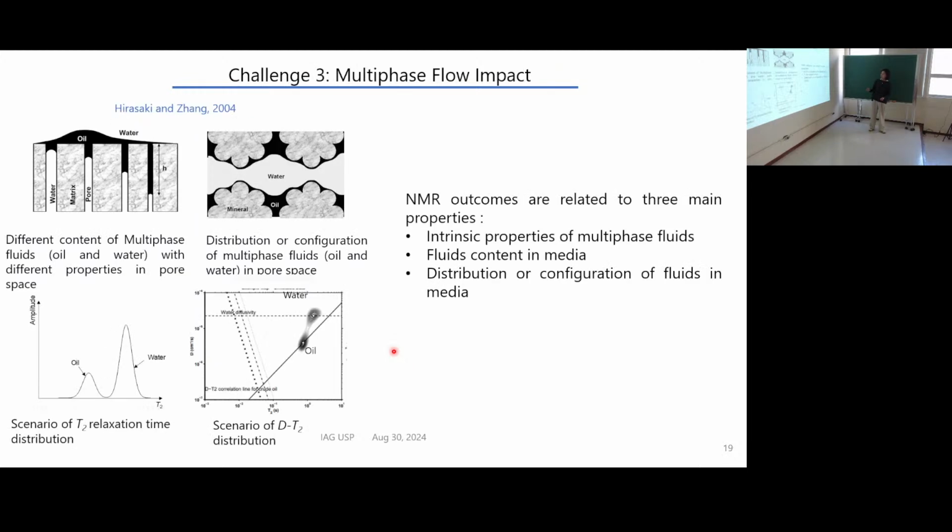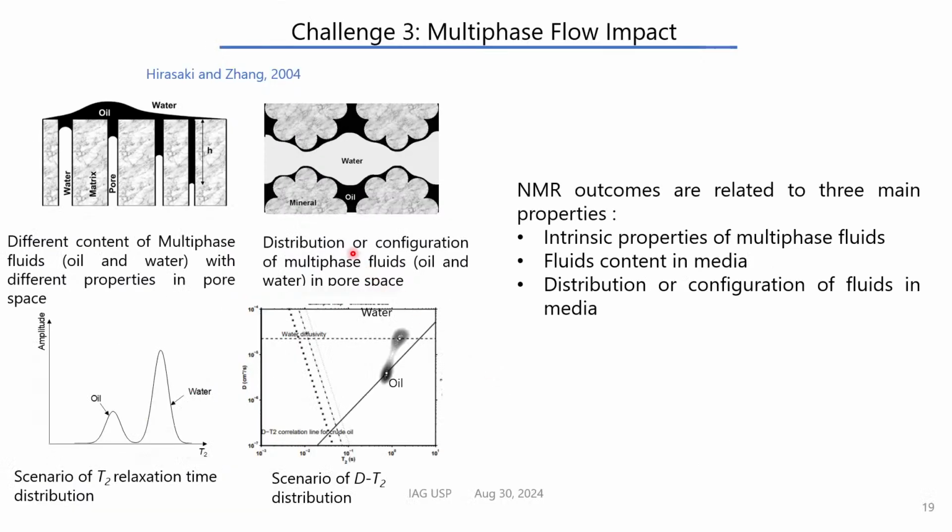And the last part, the third challenge we're currently working on, is looking at the multi-phase flow impact. As I mentioned before, in our hydrogeophysics context we're mostly concerned with organic materials contamination.